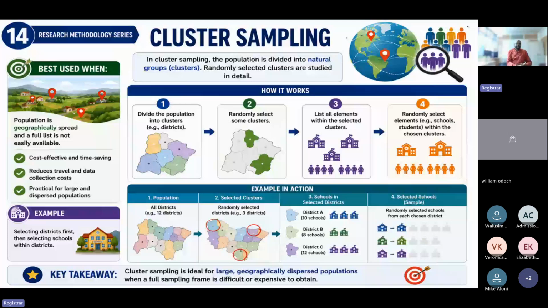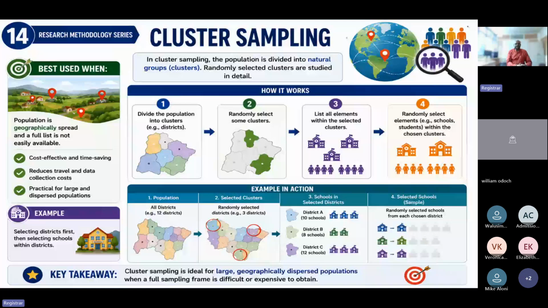So we can divide the population into clusters like districts of each region, then randomly select some clusters. In that, you select the universities or the school children. That is how we normally do. So clusters based on districts. We have close to 145 districts.